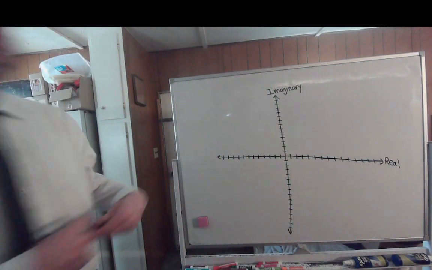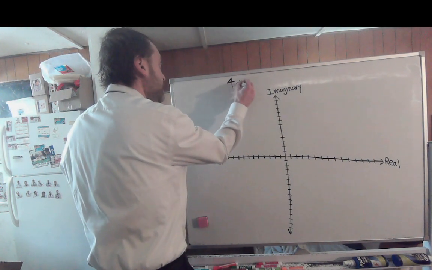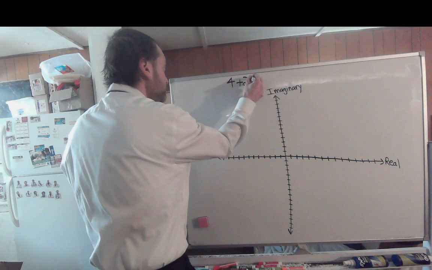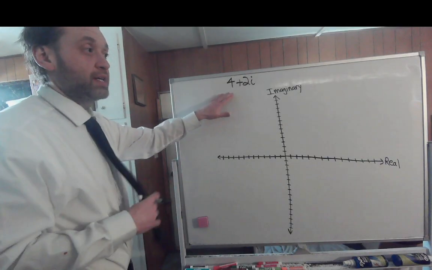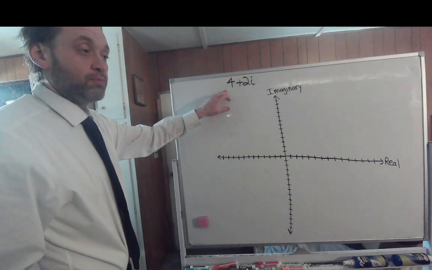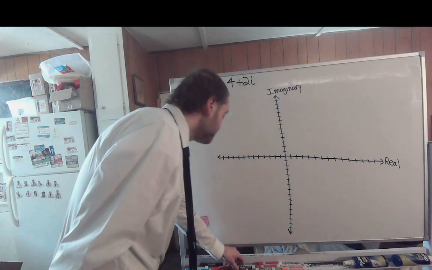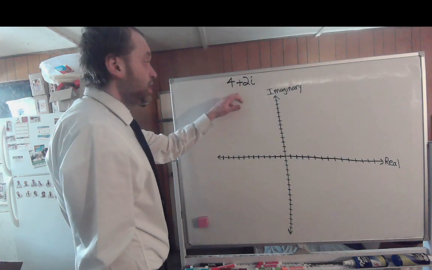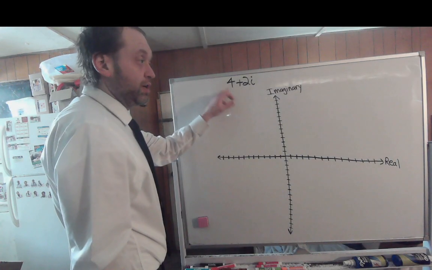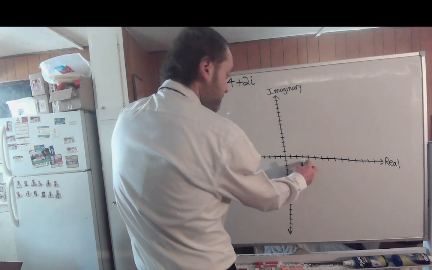For example, let's say I have 4 plus 2i. I have that complex number. I have a real number of 4, then I have 2i, which is my imaginary part. To plot it, you're almost going to treat this like xy. You go in your real direction first, which would be plus 4, so 1, 2, 3, 4.